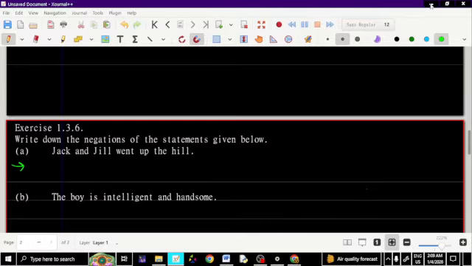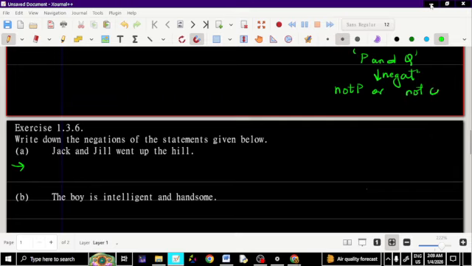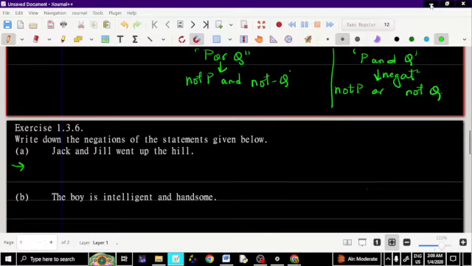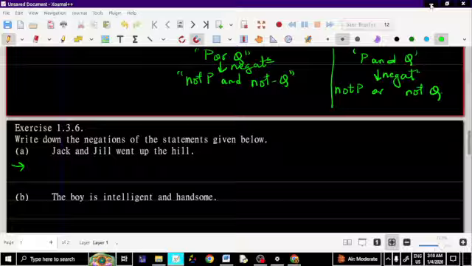As you already know, if you have a statement P and Q, then its negation would be not P or not Q. And if you have a statement P or Q, its negation would be not P and not Q. This I've already discussed in the previous video. So that's the negation of these two statements. Keeping this in mind, let's work this out.